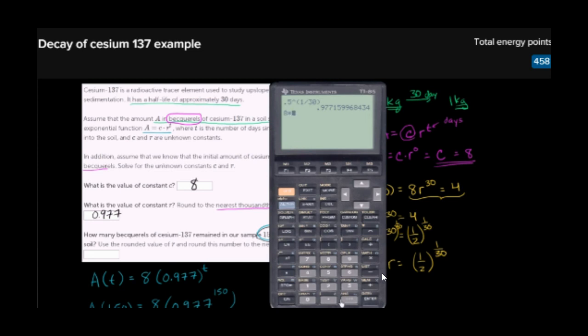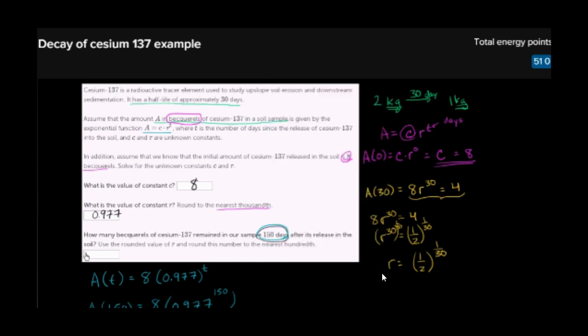So it's going to be 8 times 0.977 to the 150th power. And that gets us, and they want us to round to the nearest hundredth, 0.24. 0.24 becquerels is the radioactivity level of the cesium-137 that we have left over.